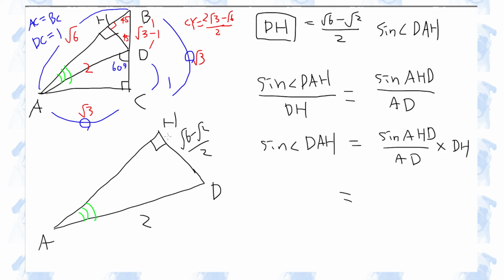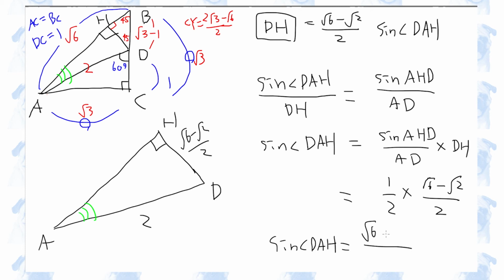Now, the angle AHD is 90 degrees, and sine 90 degrees is 1, and AD is 2. And we know from the previous question that DH is root 6 minus root 2 over 2. So, sine DAH is root 6 minus root 2 over 4.